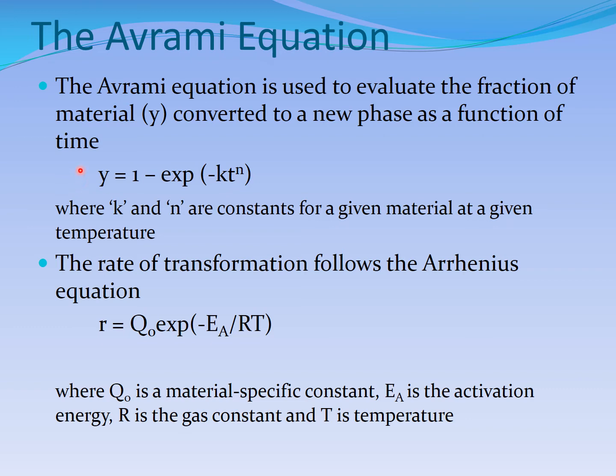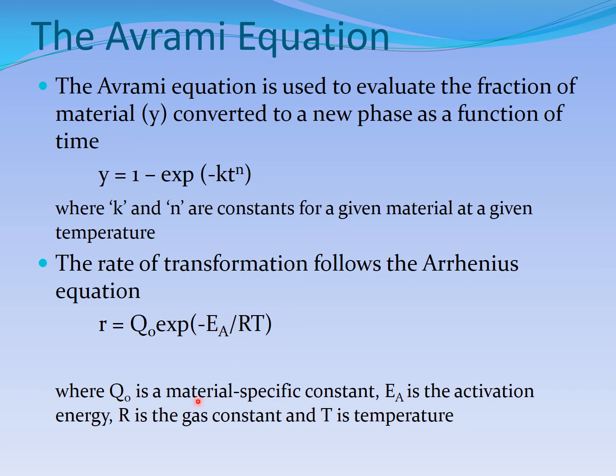And Y is the fraction of the material that has converted. The rate of transformation follows this Arrhenius equation: rate of transformation = Q0 exp(-EA/RT). Now Q0 is a specific energy, a material specific constant. EA is the activation energy.